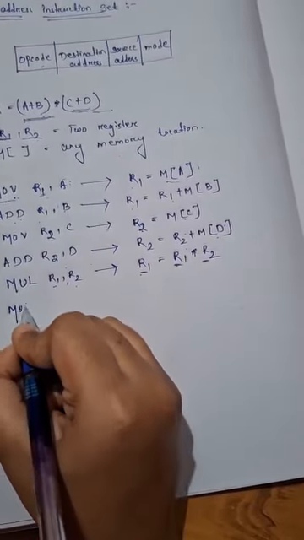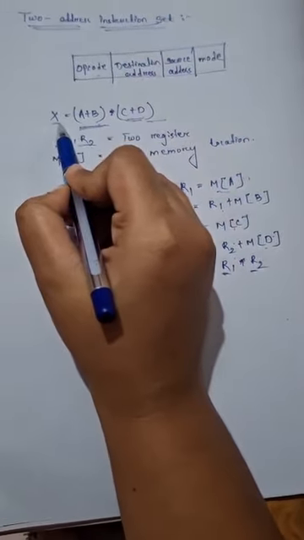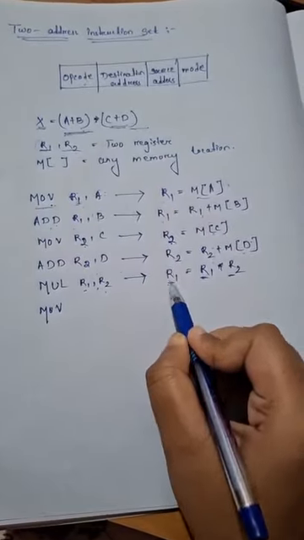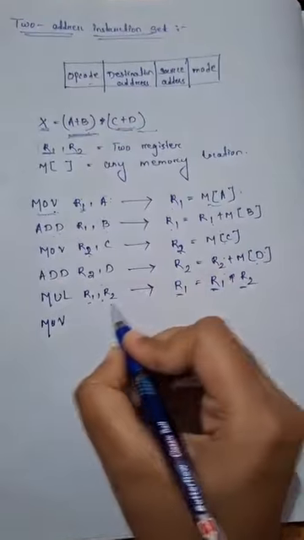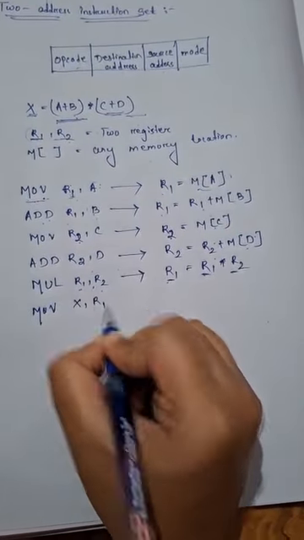Now the final is we have the memory location, that is X. So finally we have to put the final value into X. So MOVE X, R1.